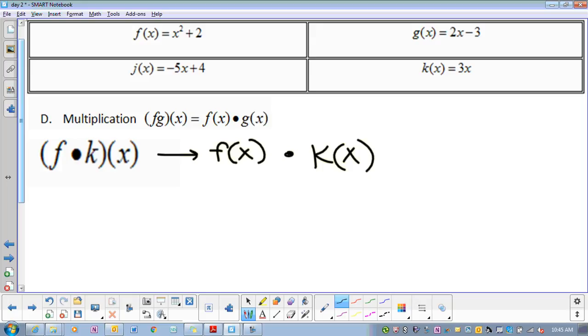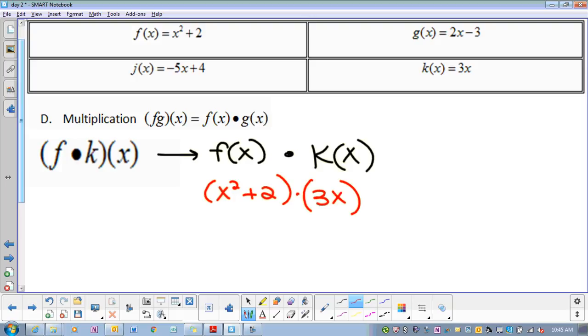So your answer should not be just a number, right? Because you actually have x's here. So let's go get our f function. My f function says x squared plus 2. What is my k function? 3x.